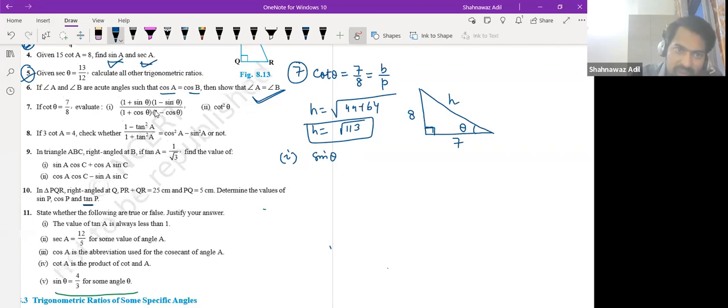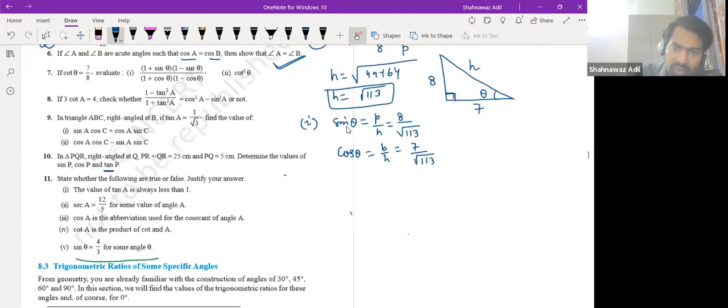Sine theta is P by H, which is 8 by root 113, and cos theta is B by H, which is 7 by root 113.